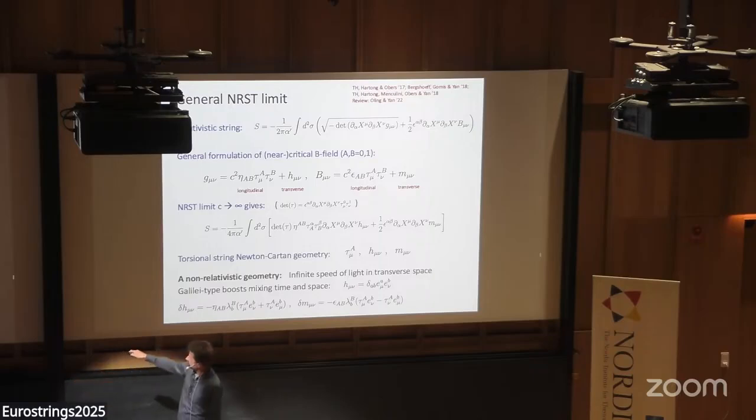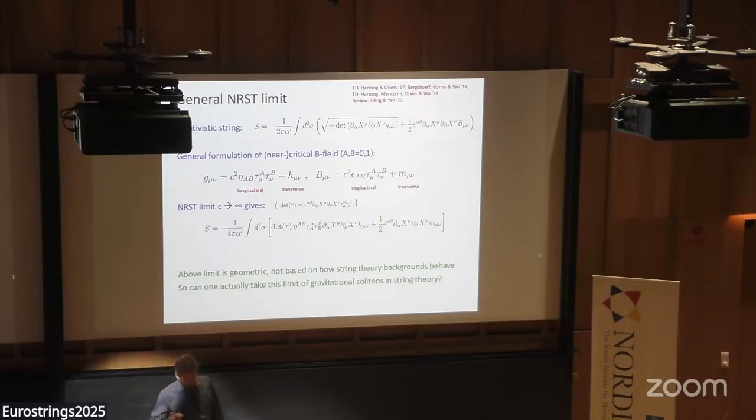The point here is that you split up the longitudinal part and the transverse part, and then you even get a part from the Kalb-Ramond field that all goes together in some beautiful geometric package that you call torsional string Newton-Cartan geometry. Among other things, you can see that the speed of light is actually infinite in this transverse space, and you get some Galilei-type boost that mixes the longitudinal and the transverse parts written here. So this is a new geometry which is not relativistic.